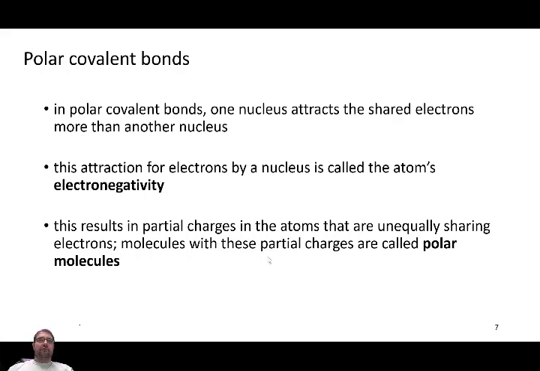Right, so they're readily going to react in water and dissolve in water. Now, non-polar molecules share electrons equally between the two nuclei, and they will not react in water.